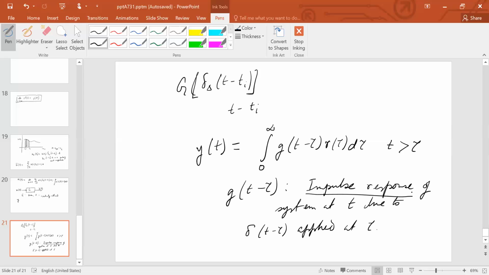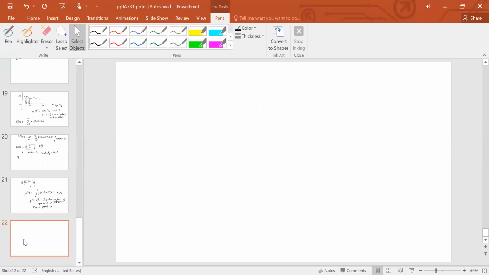Okay. So for a linear time invariant system, it's a very important parameter, this impulse response, so defined, in the time domain. It turns out that this impulse response has a very important role in whatever we're going to do next, because in the Laplace domain, the Laplace transform of this impulse response happens to be the transfer function.